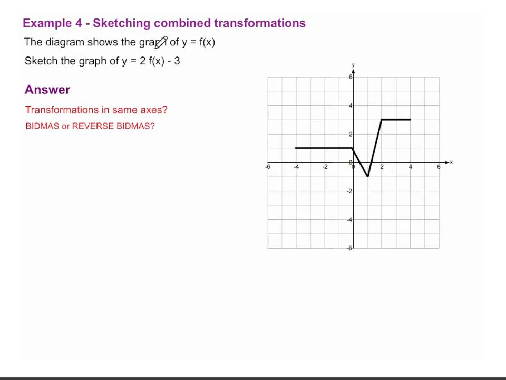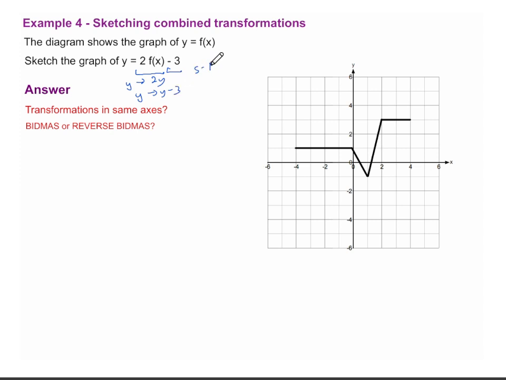Next, we want to sketch combined transformations. How do we do that? So the diagram right here is y equals f of x, and we want to do this right here. We want a stretch of scale factor 2, and then we want a translation of y by 3 units downwards. That means firstly y is becoming 2y, and then secondly y becoming y minus 3.